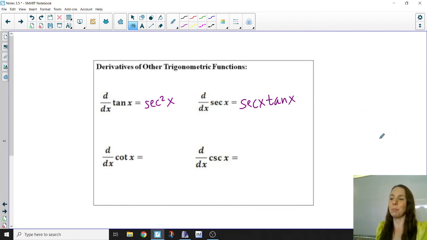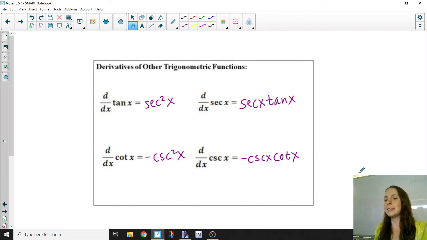You can use cosine over sine and quotient rule to get the derivative of cotangent, and what you will get is negative cosecant squared x. And finally, you can use 1 over sine with quotient rule, and you will get the derivative of cosecant x, which is negative... I always do that when I'm about to write cosecant. Negative cosecant x cotangent x.